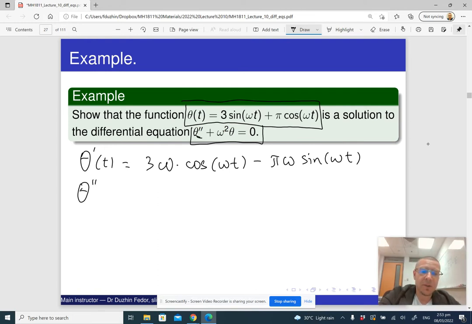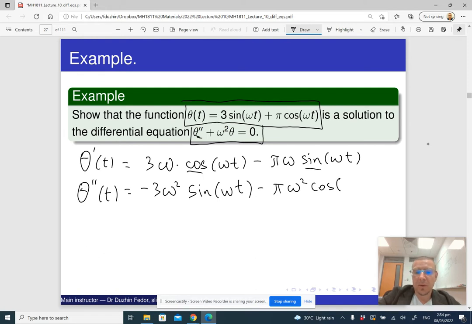So theta double prime is going to be, now I've got to differentiate theta prime, right? Differentiating theta prime, the first term is, well, the derivative of cosine is minus sine, so it's going to be minus 3 times omega squared sine omega t, minus the derivative of sine is cosine, so minus pi omega squared cosine of omega t, right?